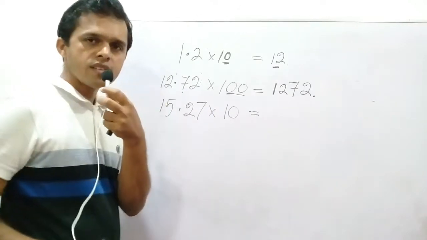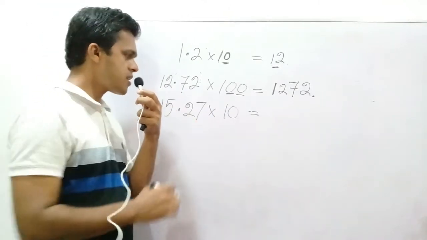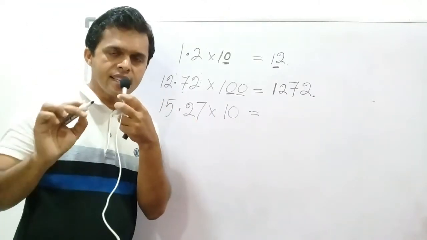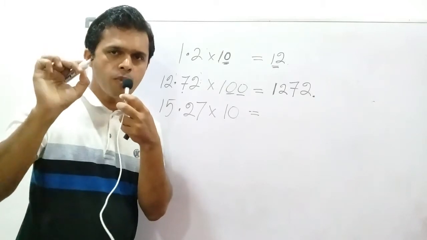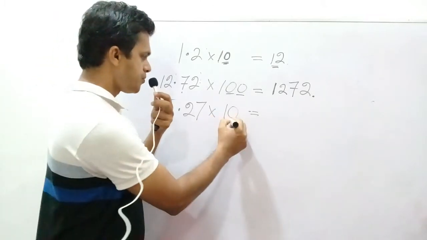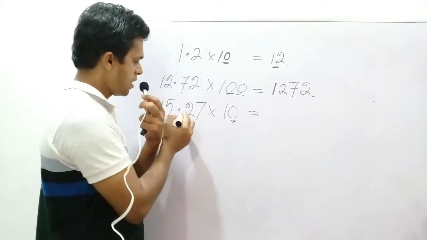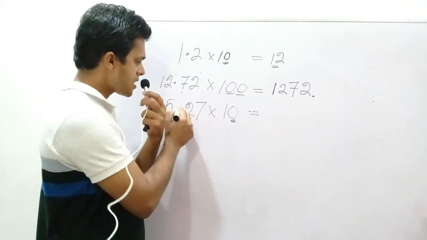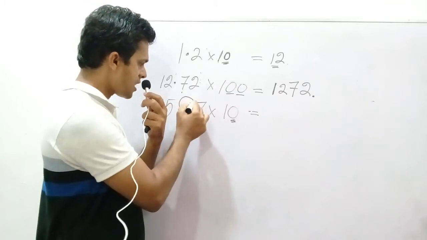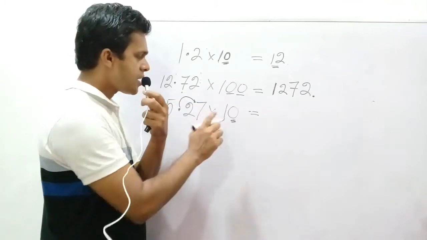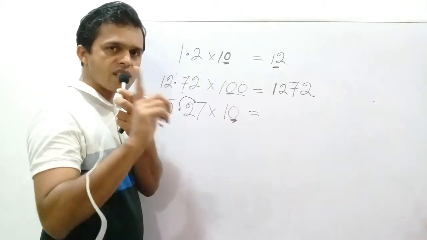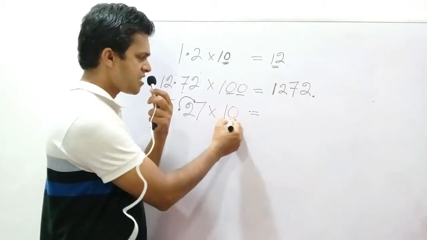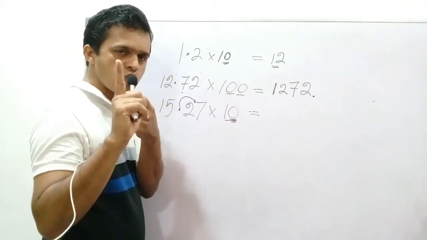You think of this one. 15.27 is multiplied by 10. Now, here 1 0, the decimal point here. So, the decimal point goes to the right side, passing one digit. The reason is in 10 having 1 0.